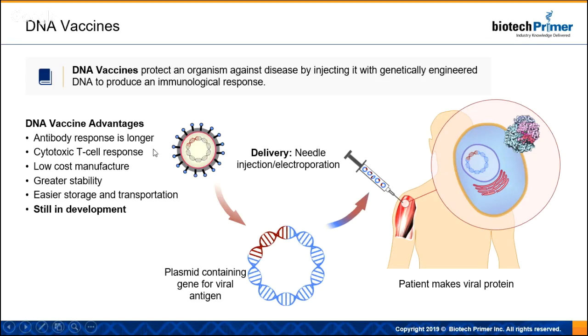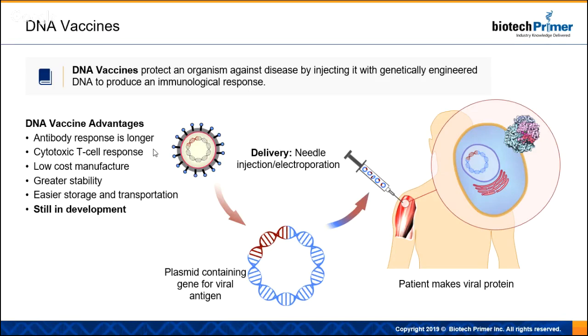That means typically a longer antibody response, a better cytotoxic T cell response, because having the patient's cells actually making the viral protein more closely mimics a natural viral infection. So you're going to get that antigen presentation that's necessary to activate T cells fully.